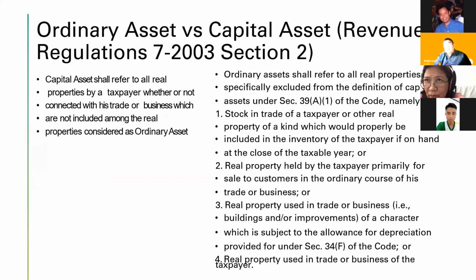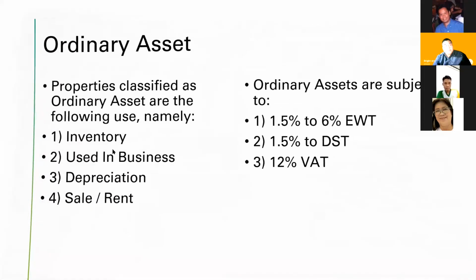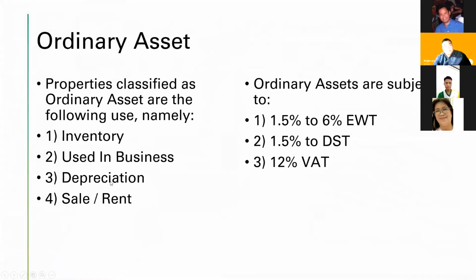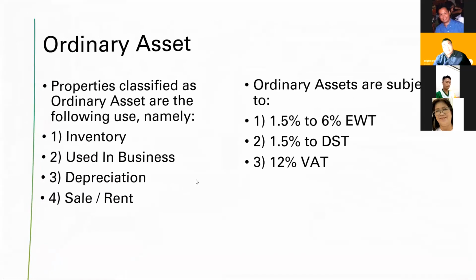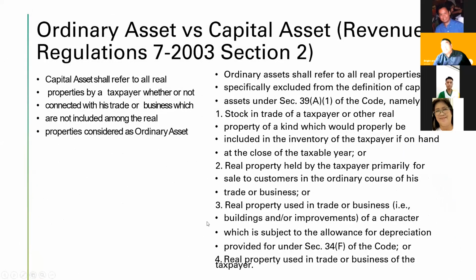Ordinary assets shall refer to all real properties specifically excluded from the definition of capital assets. So what I mentioned earlier in 1, 2, 3, 4 is the same thing. Ayan. Inventory, use in business, depreciation, and sale and debt. Ito yung long version of the previous slides.